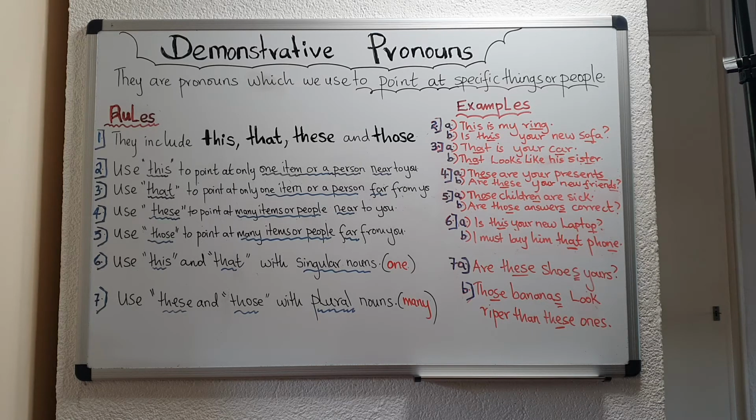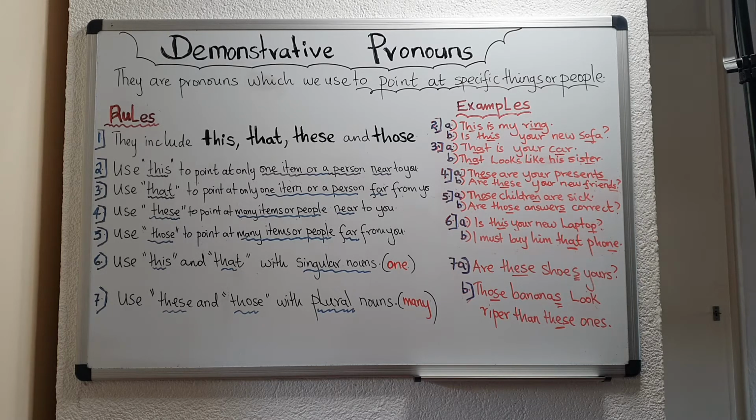They include this, that, these, and those. So we have 4 demonstrative pronouns in English, and they are this, that, these, and those.